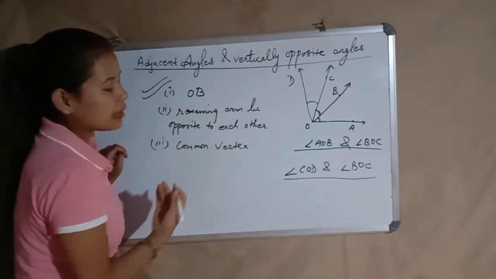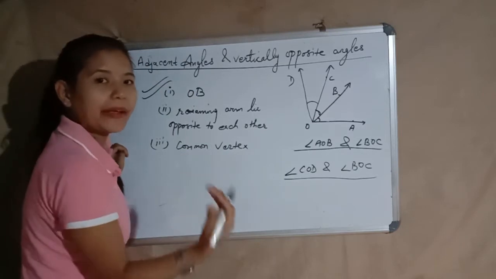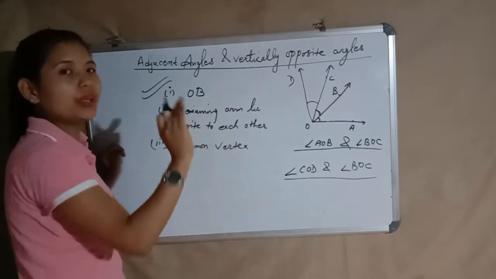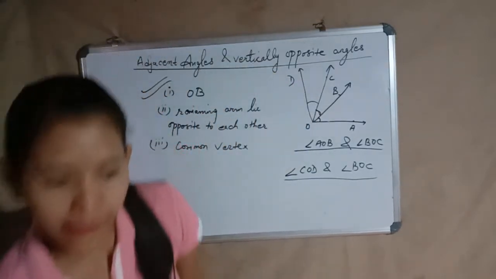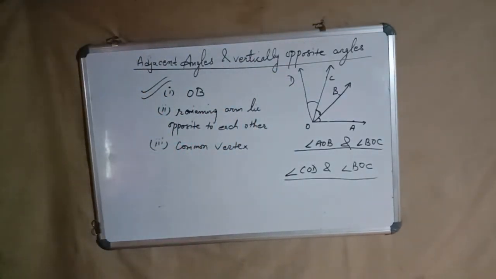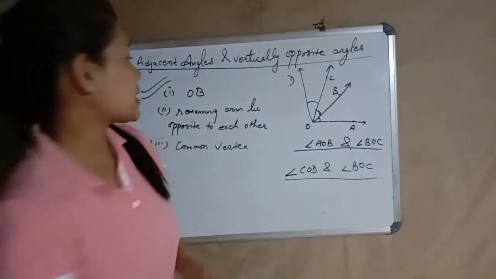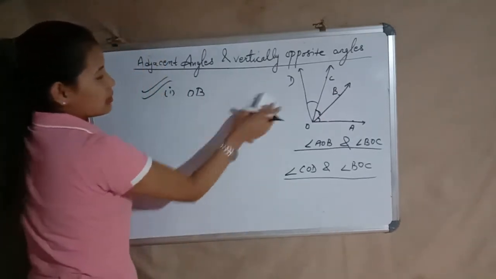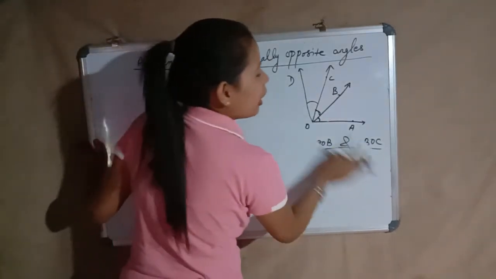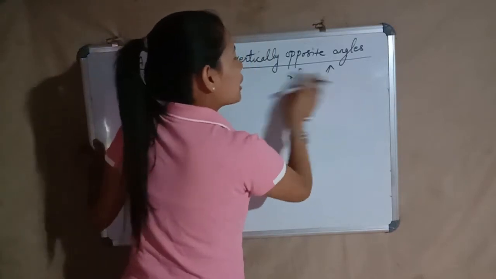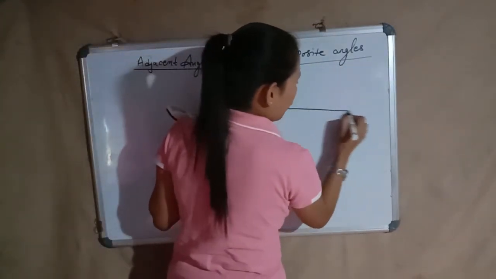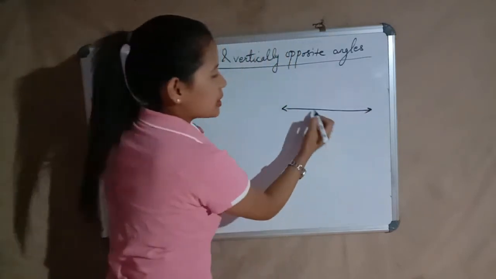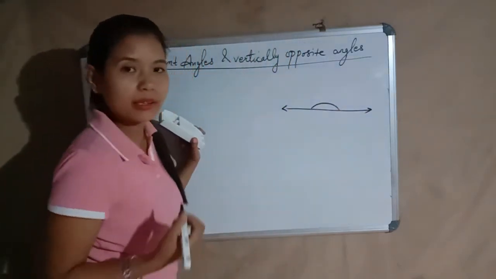In short, adjacent angles are nothing but the angles that lie next to each other. Now we have one more thing. Suppose I have two adjacent angles in such a way that the sum of the angles is equal to 180 degrees. We all know that a straight line forms a 180 degree angle, right?